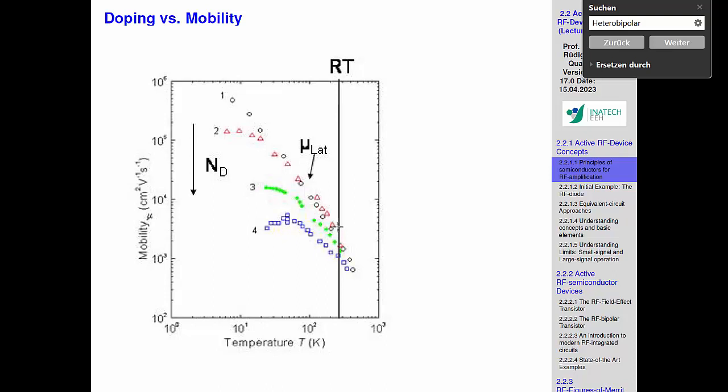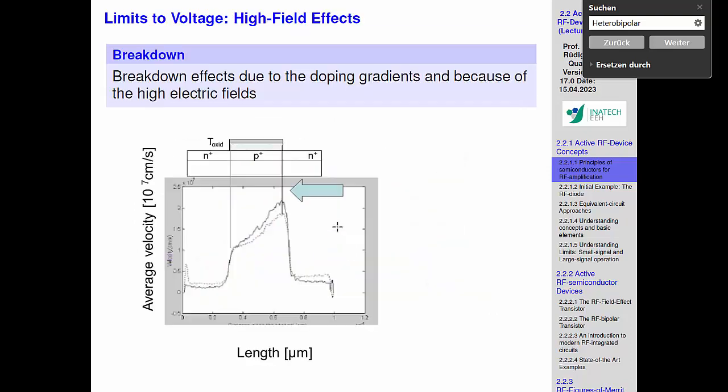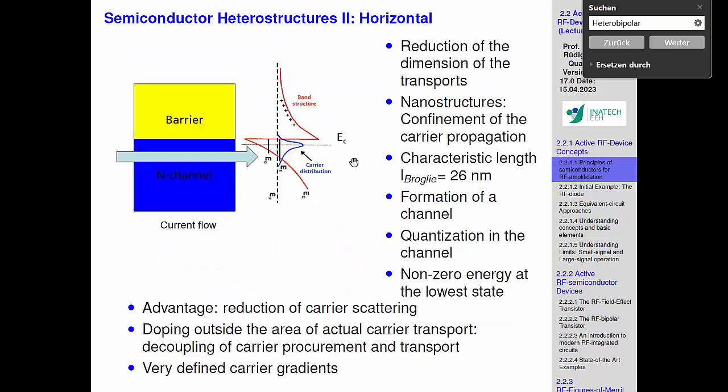But you don't have to dope them, so you don't kill the mobility, and you get much higher mobility. And you can put a lot of carriers, because the doping which you do in this regime here is independent. You can put as much as you want. It's completely independent, and then you will have a high number of cars on a very good motorway, and the product makes much better current. Yeah?